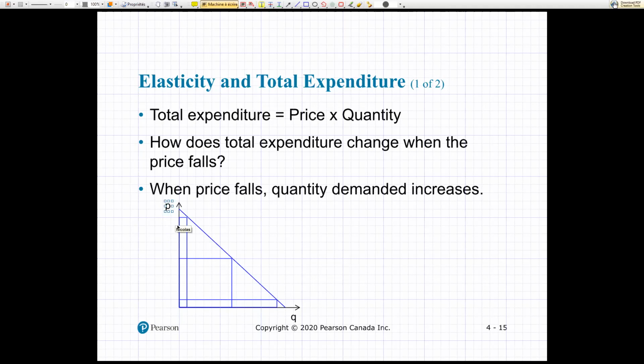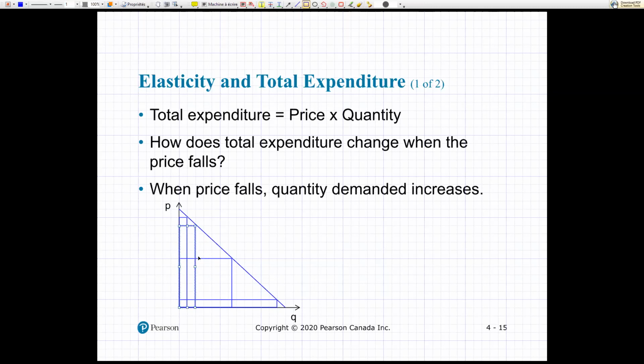And then price decreases more, and then I get even more customers. So here, for instance, the price decreases by say $2, and I double my quantity of people who buy the goods. So that's good. Expenditure is going to increase.